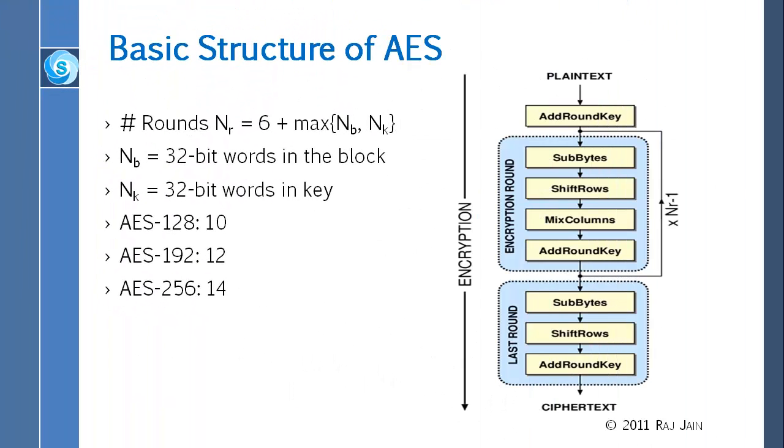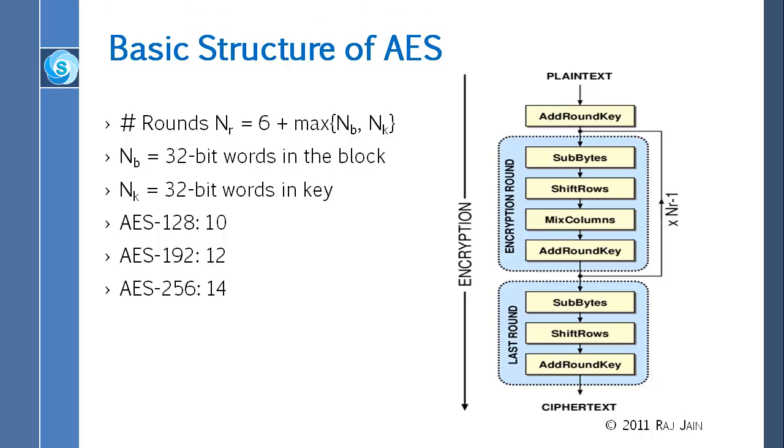The main structure is as shown here. First of all, the number of rounds is not fixed. The number of rounds depends upon the key size. And actually, in the case of Rijndael, it also depended upon the block size. So NB is the number of 32-bit words in the block.